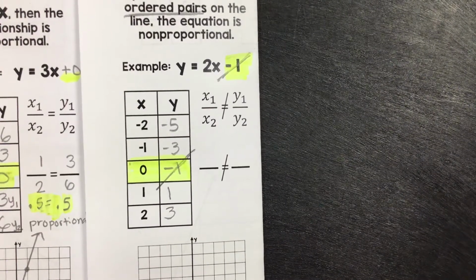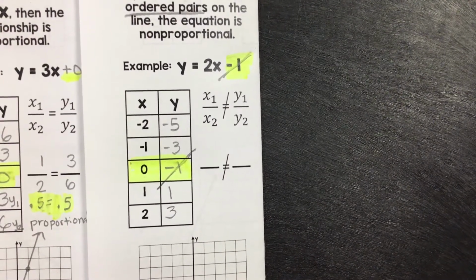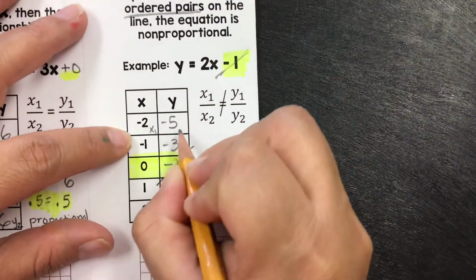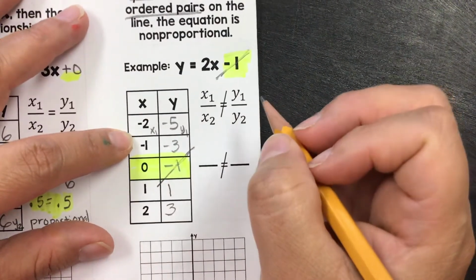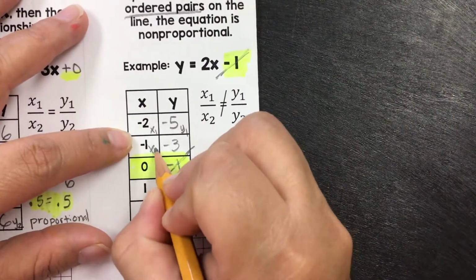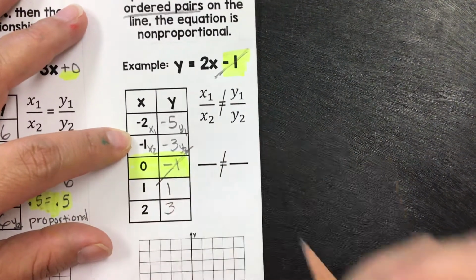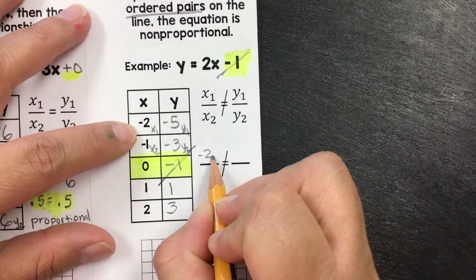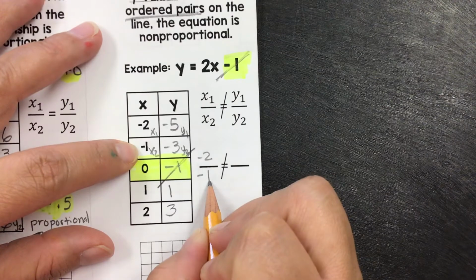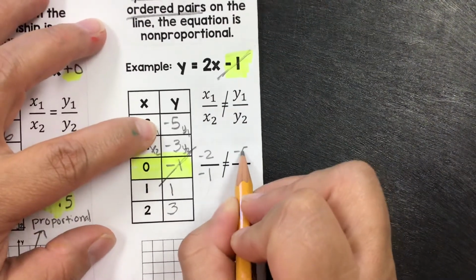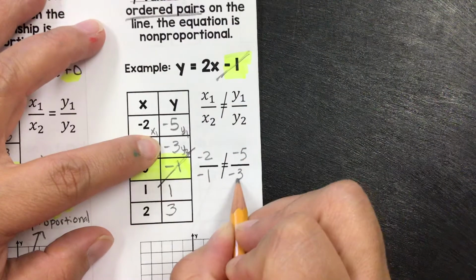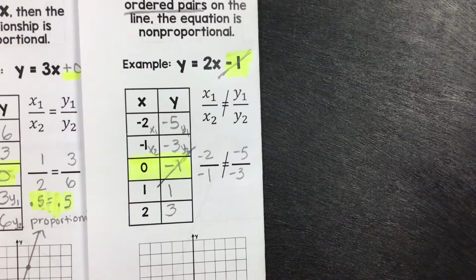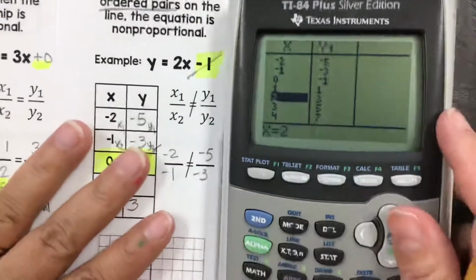I also mentioned that you could choose any points to check the proportion. So I'm going to select these first two. This would be my x1 and my y1 because they're my first point. This is x2 and this is y2 because they're my second point. So I'm going to write negative 2 divided by negative 1 and negative 5 divided by negative 3. Some of you will be able to tell that these don't reduce correctly, but in case you don't, you can always use your calculator.